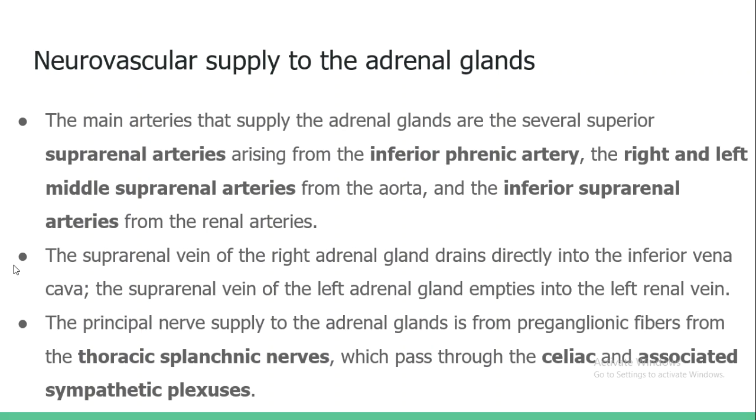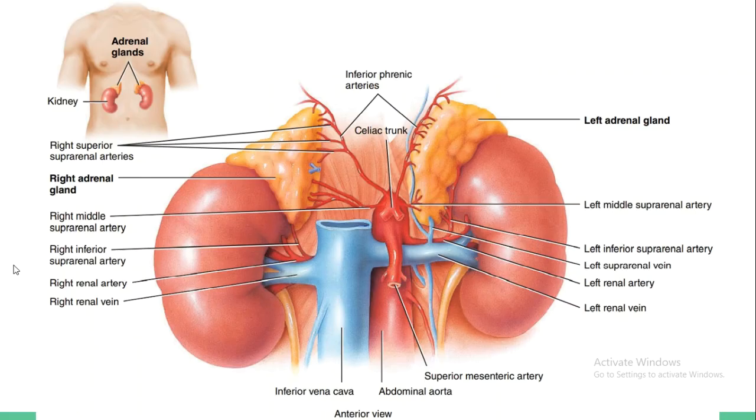The suprarenal vein of the left adrenal gland empties into the left renal vein. The principal nerve supply to the adrenal gland is from preganglionic fibers from the thoracic splanchnic nerve, which passes through the celiac and associated sympathetic plexuses.